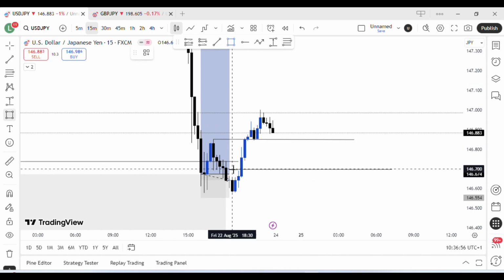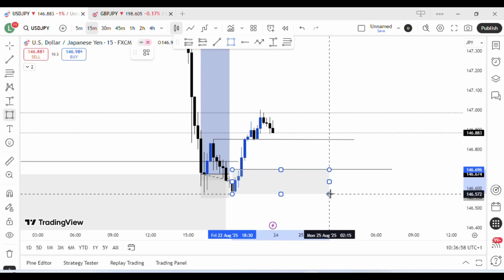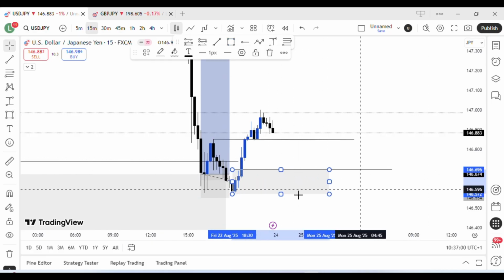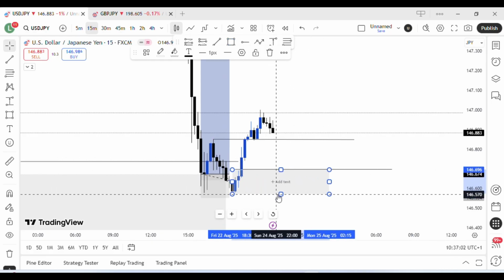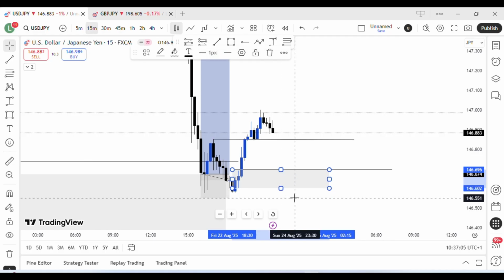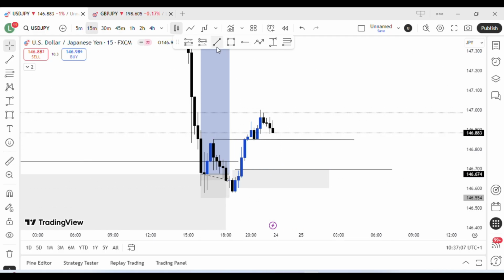By next week, make sure you buy this market. That is our order block. So from this area, we have another entry.